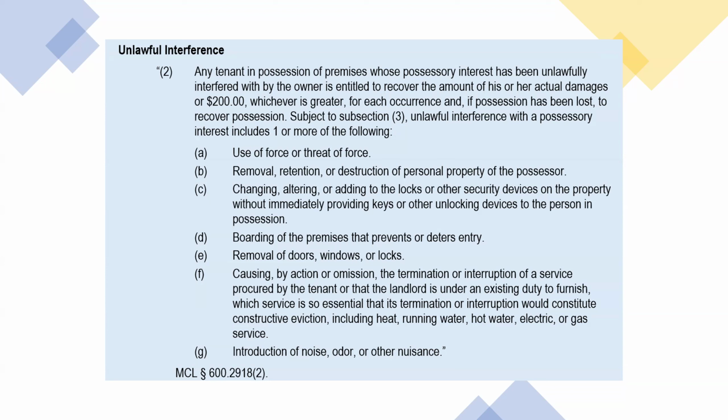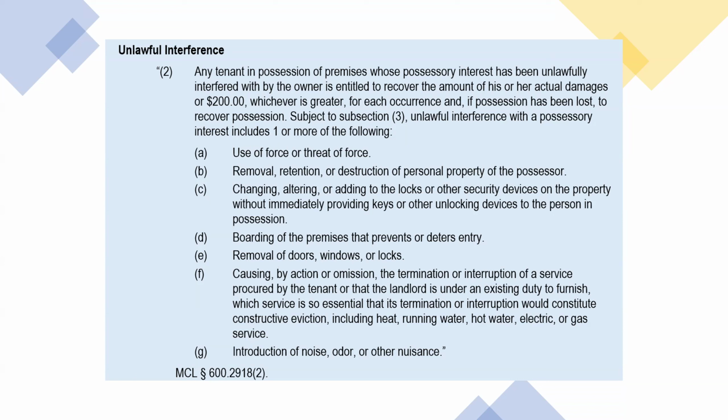Notice here, if it's an interference, there are no treble damages, just actual damages or $200, whichever is greater. And so unlawful interference occurs where there is use of force or a threat of force. That kind of overlaps with the first subsection, however.